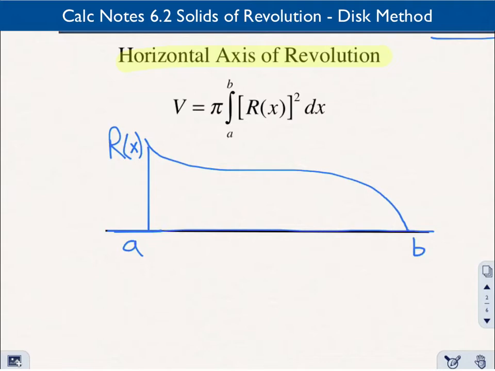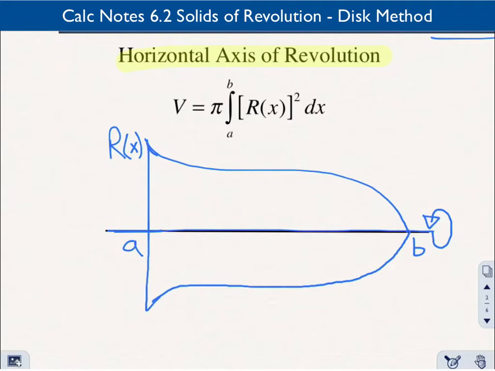And let's go ahead and draw a picture of revolving this around. So what we have to think of is if we took this line and we spun it around this axis in this motion here. Okay, so what we need to do is kind of mirror the function on the other side as best as you can.